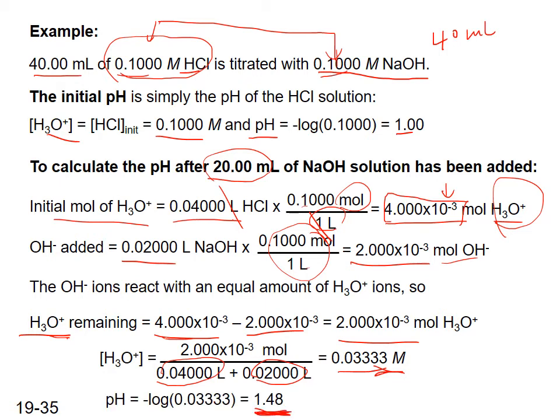So you see the pH value changes slightly from 1 to 1.48 before the equivalence point. Any point before the equivalence point, the calculation follows this procedure: calculate the excess amount of hydrogen ion, number of moles first, then concentration, and then the pH.